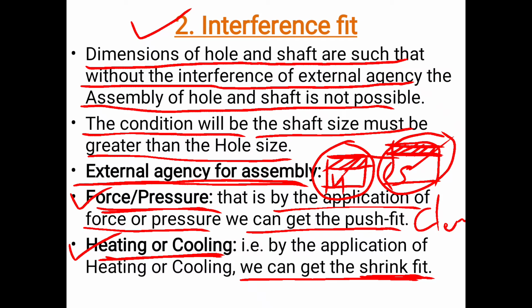After cooling, the hole will try to get its original size, but due to the shaft it will not come to the original shape, but it will try to compress that shaft and have a shrink fit. Or by cooling the shaft, we can reduce its dimensions and get the fit.